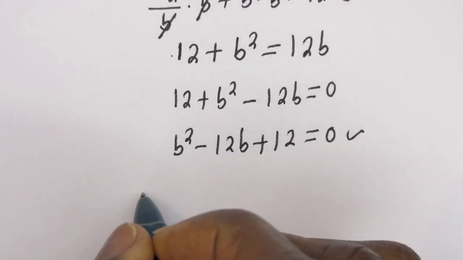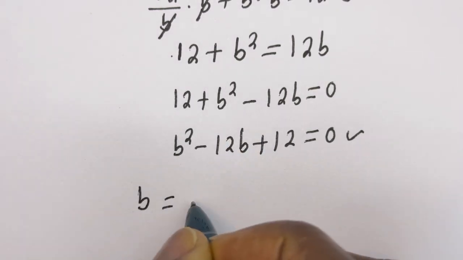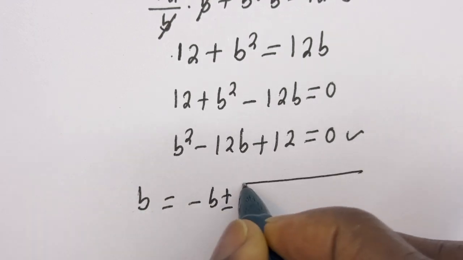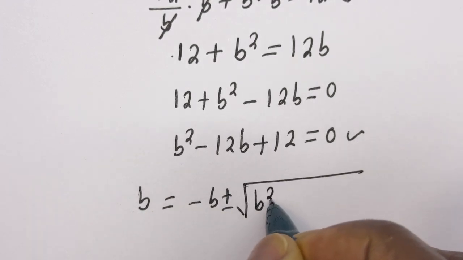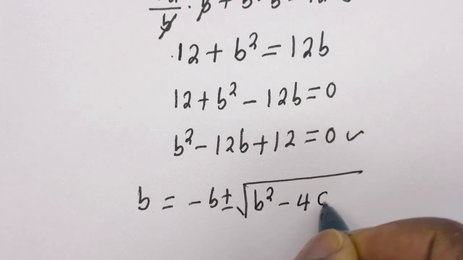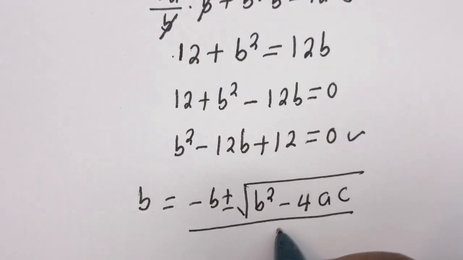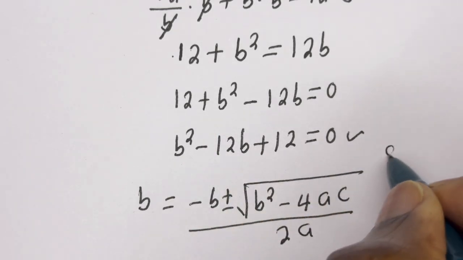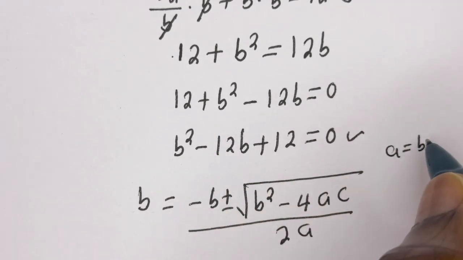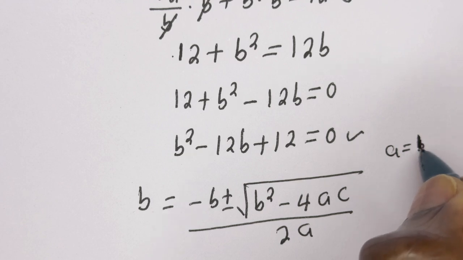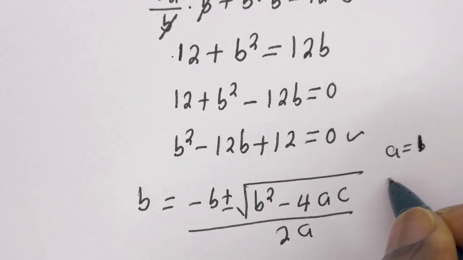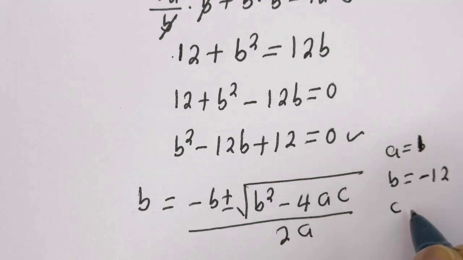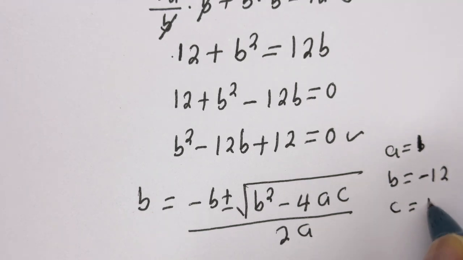From the quadratic general formula, b is equal to minus b plus or minus square root of b squared minus 4ac, divided by 2a. And from this equation, a is equal to 1, b is equal to minus 12, c is equal to 12.